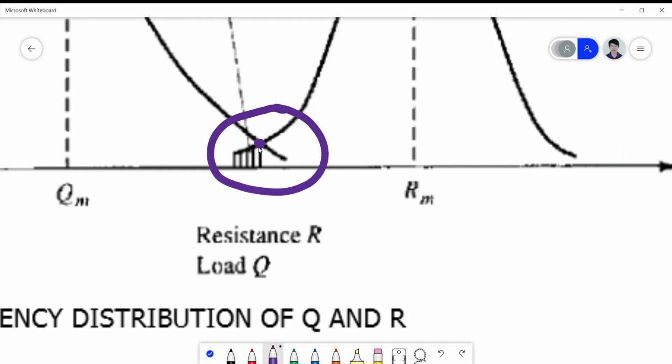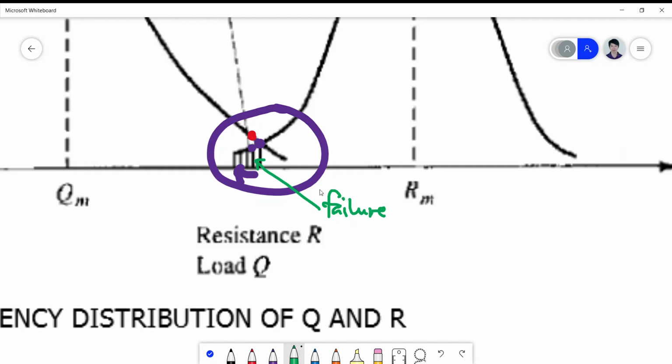And going to the left, the height of Q is now greater than the height of R. Therefore, the load is greater than R. So what does this shaded portion signify? It signifies a failure area.